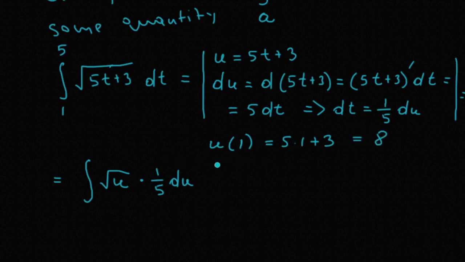Next, if I substitute t equals 5 into the same formula, I'm going to get 5 times 5 plus 3, and that is going to be 28. And so our new limits of integration will be now from 8 to 28.